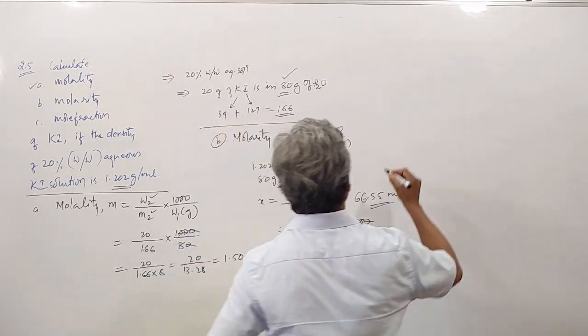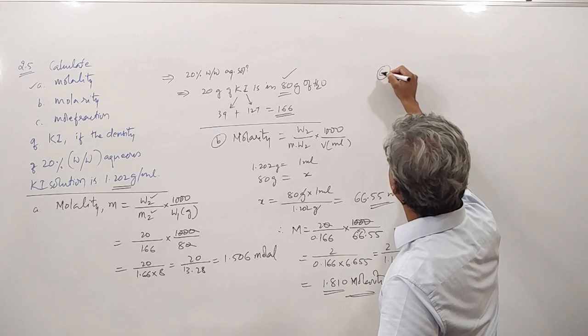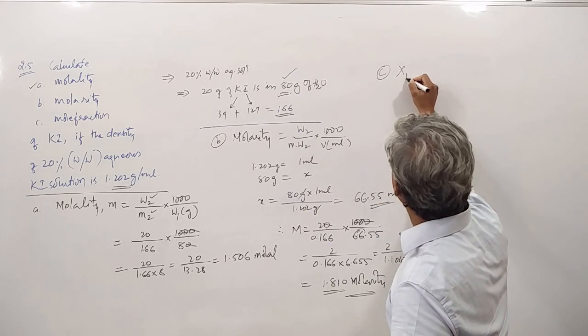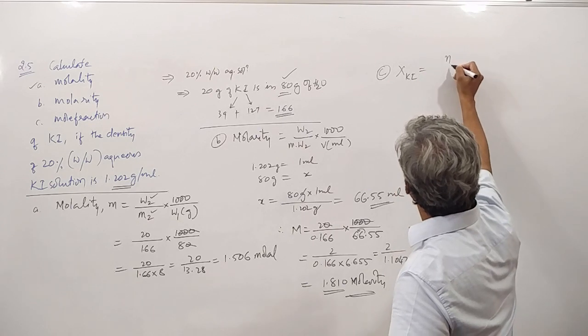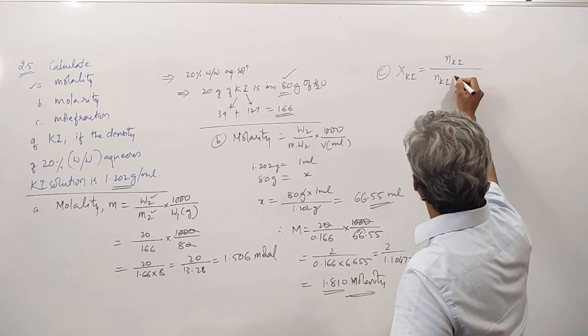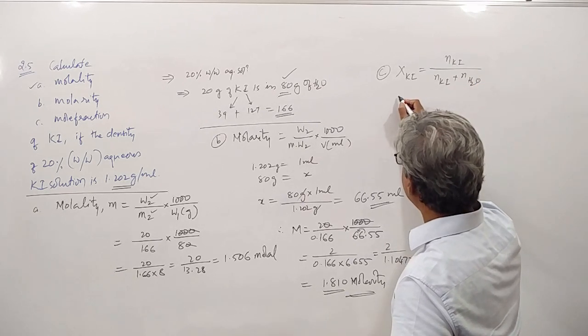Okay. Now let's go for the third one, C, that is mole fraction. Mole fraction of KI is equal to number of moles of KI divided by number of moles of KI plus number of moles of water. See here students.